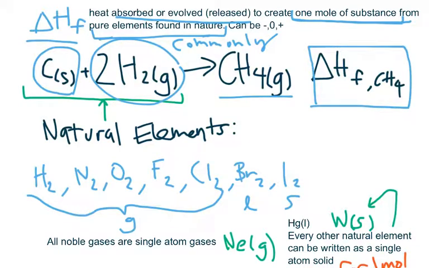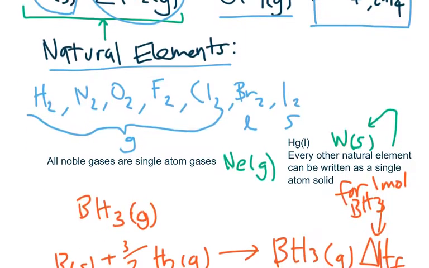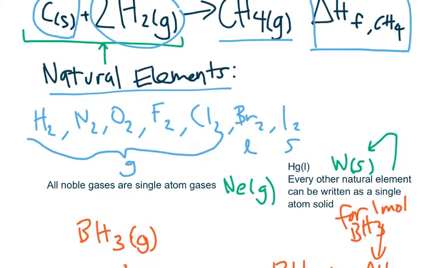Now you might be wondering, what are our natural elements? Well, besides H2, we have quite a few natural elements that have very special characteristics. Of course, we have our diatomic molecules, which are the elements found in pairs, and they include H2, N2, O2, F2, and Cl2 gas.